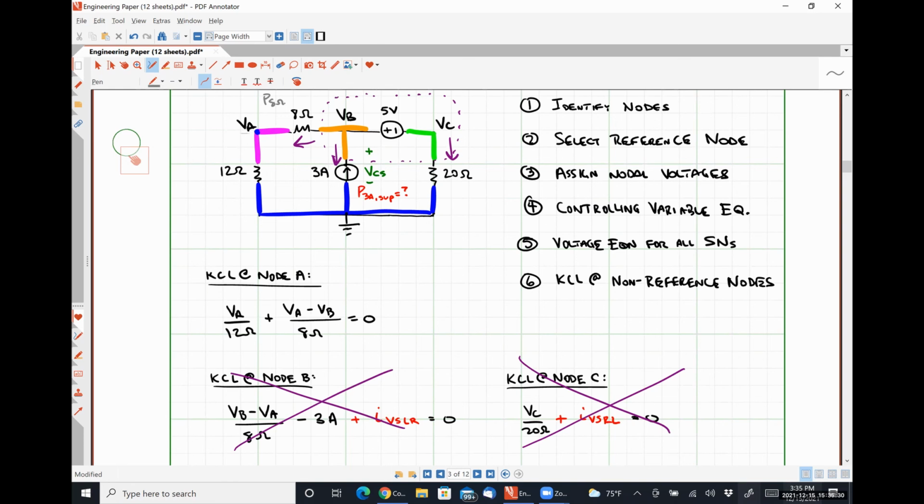So if I want the power absorbed by a resistor, I can either do the product of the voltage drop across the resistor and the current flowing through the resistor, or I can do the voltage drop across the resistor squared divided by the resistor value, or I can do the current flowing through the resistor squared multiplied by the resistor value, right? So when we're dealing with nodal voltages, that second option, the voltage drop squared divided by the resistor value, is probably the easiest. So what's the voltage drop?